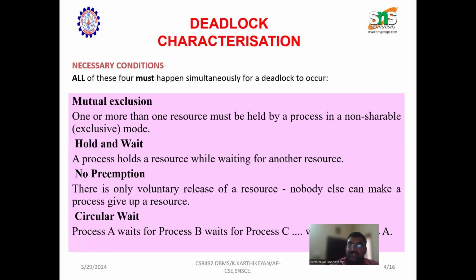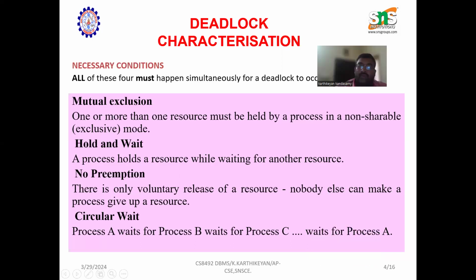No preemption: there is no voluntary release of resources; nobody else can make a process give up resources. Circular wait: process A waits for process B, which waits for process C, which waits for process A.